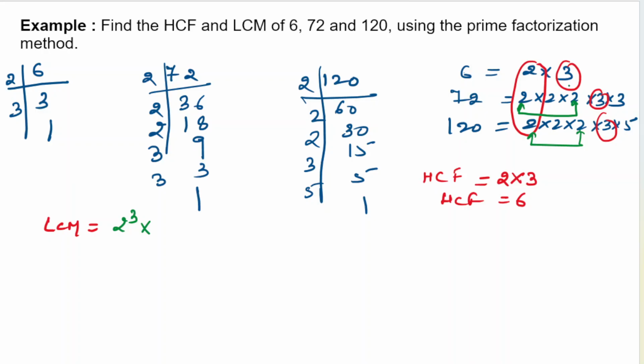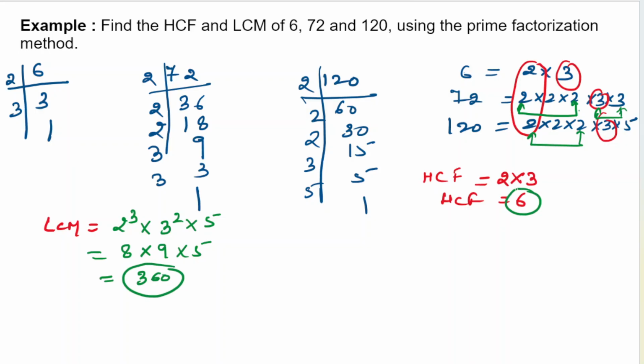Again, we have 3, and its greatest power is 3 to the power 2. Then we have 5. So it is 8 into 9 into 5, which is equal to 360. So this is the method where we can find the HCF and LCM using the prime factorization method.